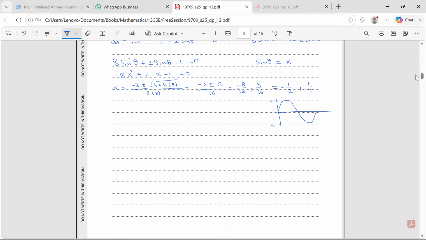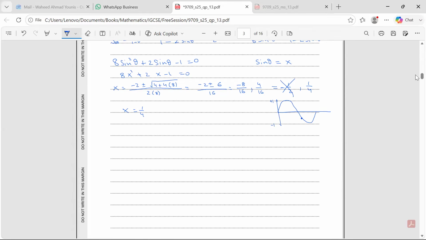So minus 1 by 2 is somewhere here, so this is out of range. Our theta is between 0 and pi by 6, so somewhere here. So 1 by 4 is here, so that is the only solution we have. So x equals 1 by 4 we will take. We will not take this answer.